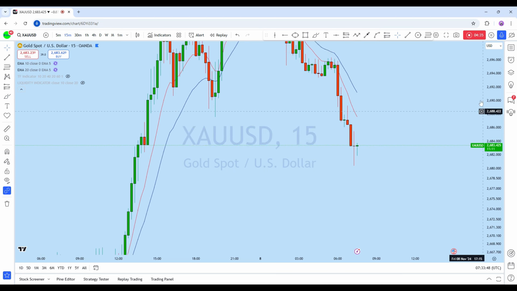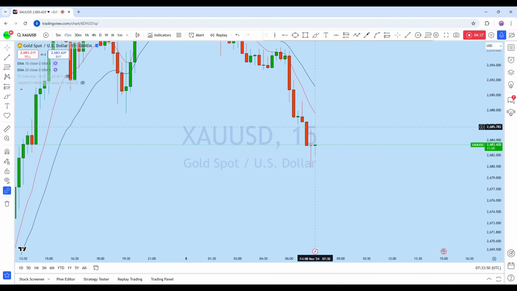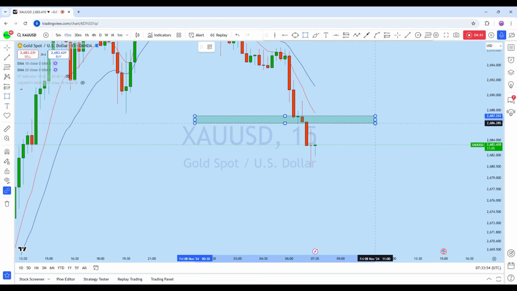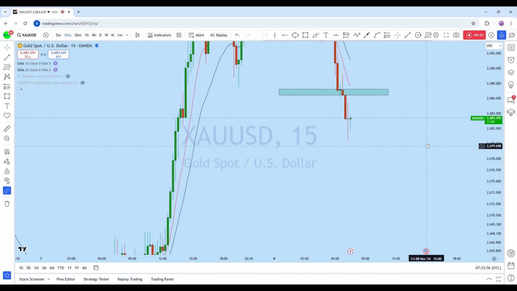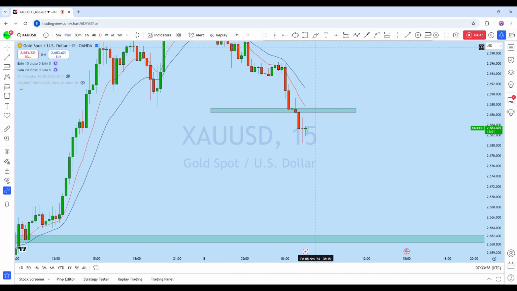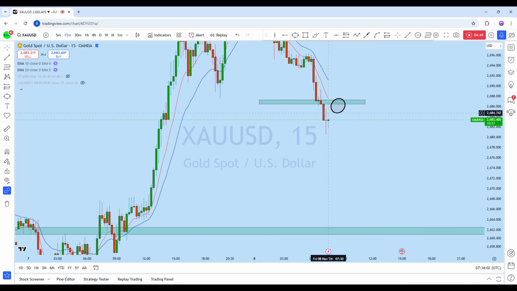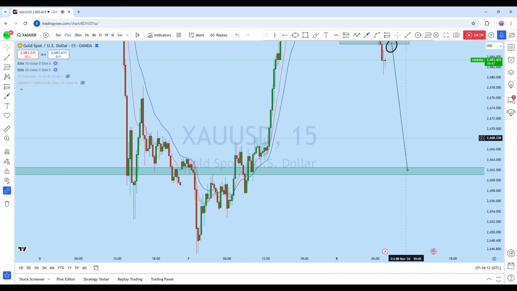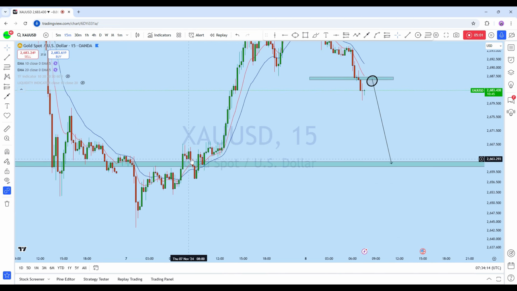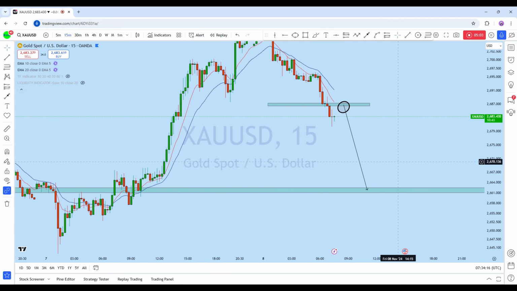And I think that if at any time we see another liquidity grab along this area, as this is a high liquidity zone, that can give us a potential selling opportunity on XAUUSD. So any break of structure can give us a potential sell, and I think that with that drop we might see XAUUSD ultimately coming to this support level, which is the previous neckline of this reversal pattern.